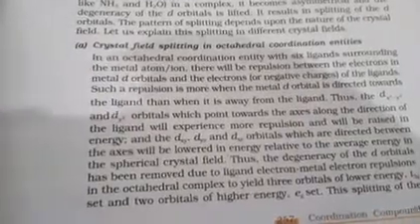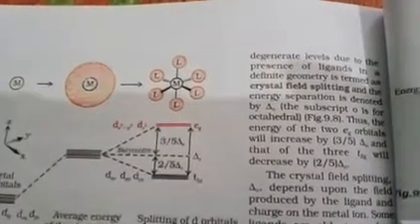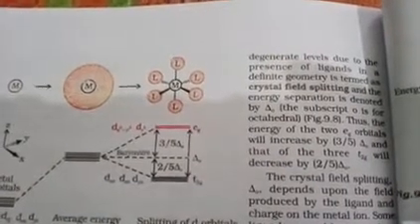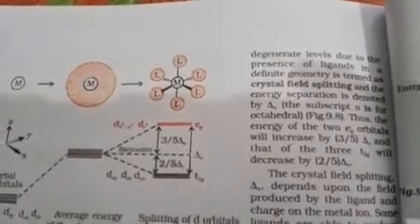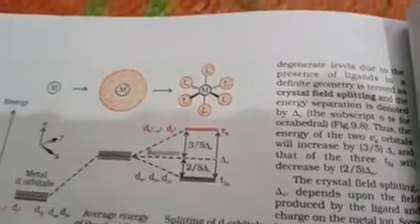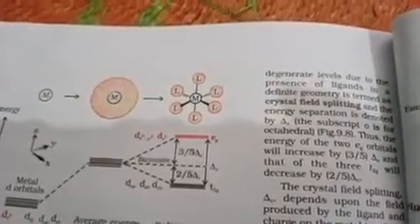This splitting of the degenerate level due to the presence of ligands in a definite geometry is called crystal field splitting. So what do you mean by crystal field splitting? This is one of the important questions.